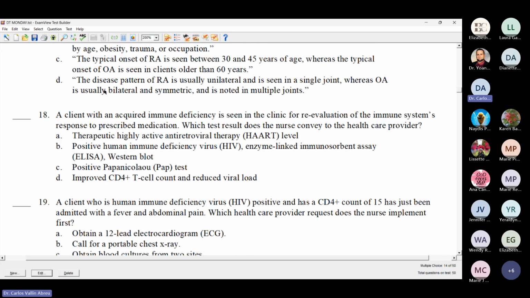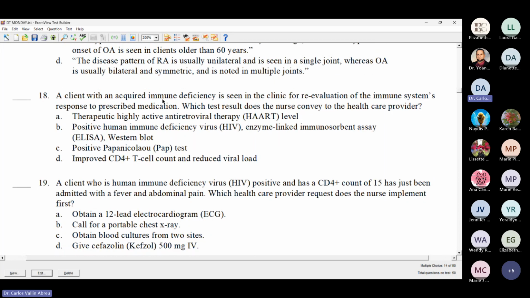A client with acquired immune deficiency syndrome, so AIDS, is seen in the clinic for re-evaluation of the immune system response to the prescribed medication, the antiretroviral therapy. Which test result does the nurse convey to the healthcare provider? Let me read, okay. Let's add here as a priority.